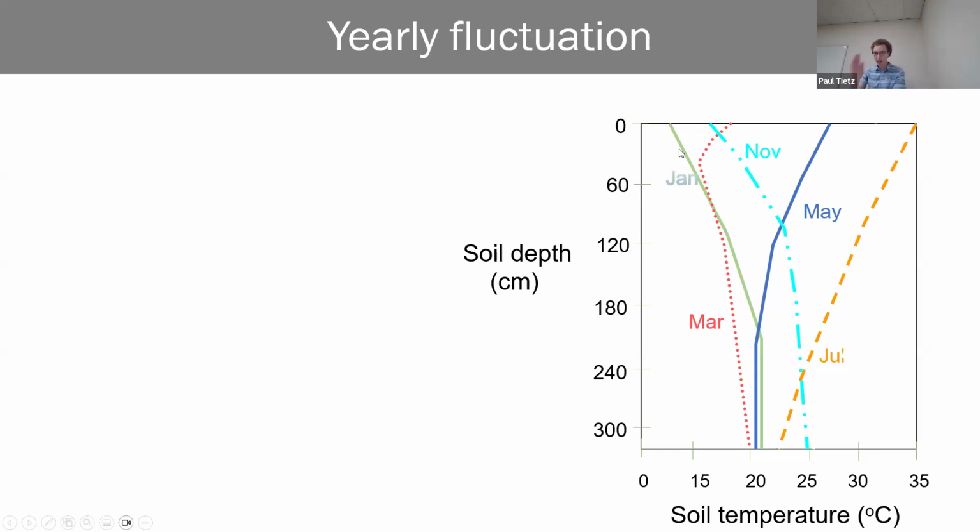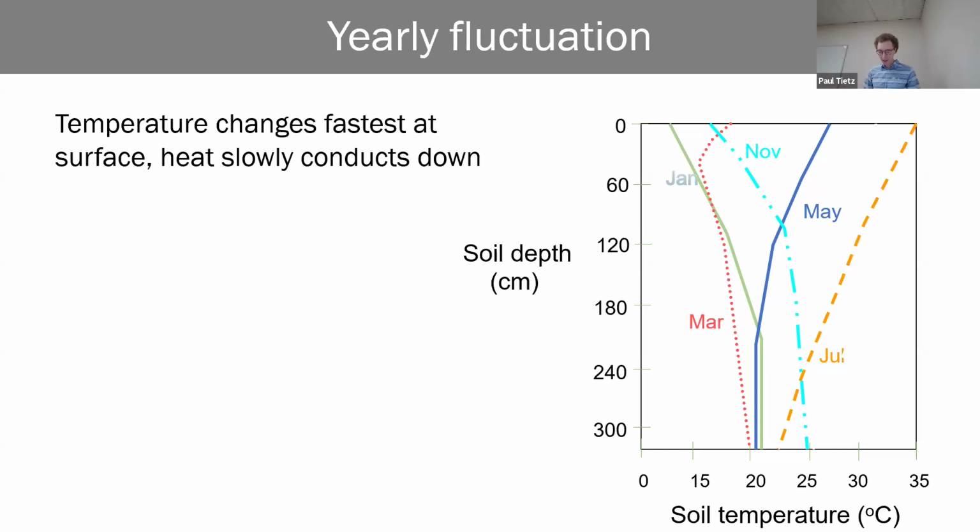Here's this green line where the soil profile going down all the way, this is 3 meters here, is at its coldest. And then as the spring starts to warm up, the surface reacts faster. And then all the way through the summer it's warmest throughout. Temperature changes fastest at the surface, and heat slowly conducts down, happening on the annual scale as well as the daily scale, right? Similar pattern to daily fluctuations.